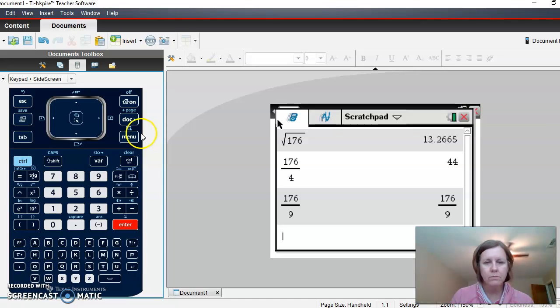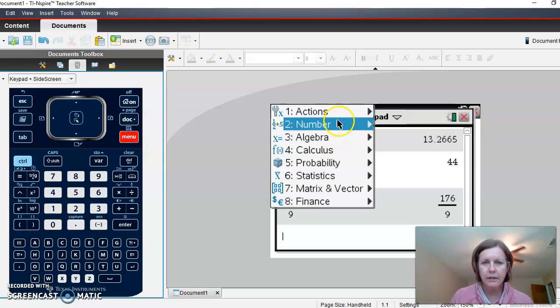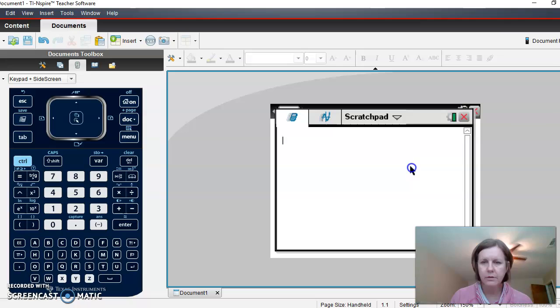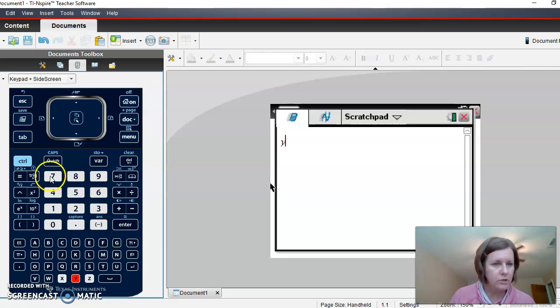Well, what I want to show you, and I'm going to clear this real quick, is that we can actually take our number and think of it in terms of an equation. So I'm just going to type this equation here so you can see it.